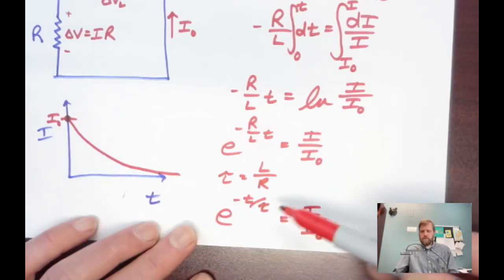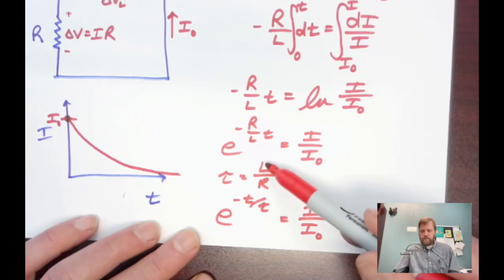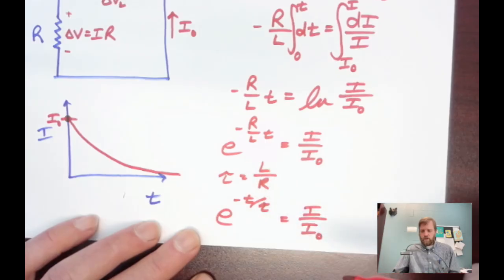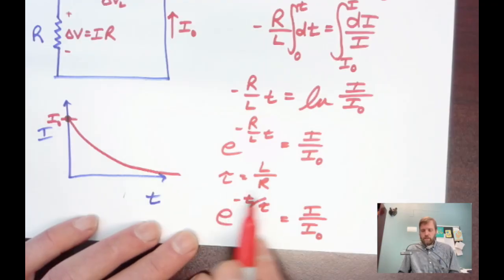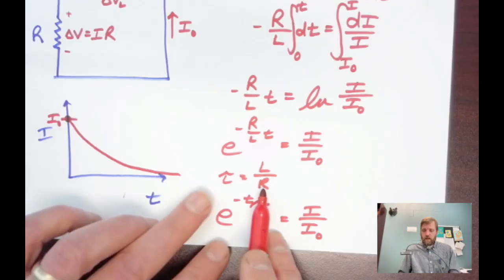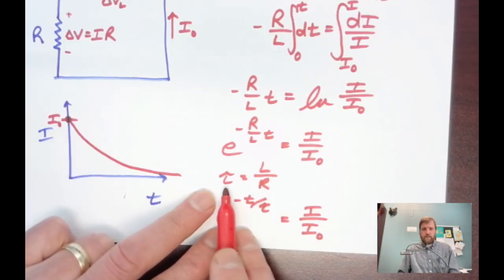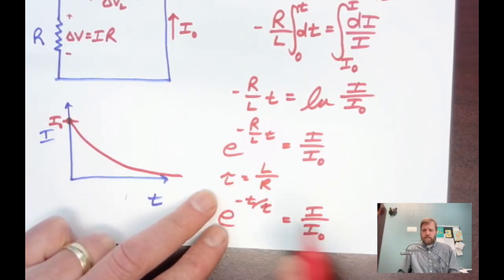We can use this time constant instead of L over R, and that just depends on how we want to write the equation. Tau has units of seconds.